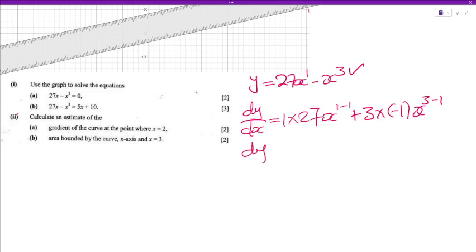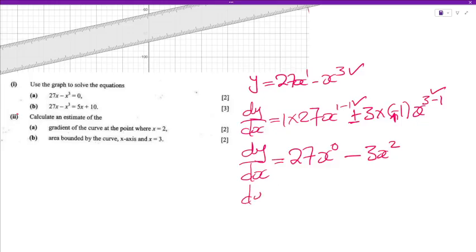So our final answer will be 1 times 27 is 27, x the power 0, 1 minus 1 is 0, positive times the negative is negative, 3 times 1 is 3, x the power 2, 3 minus 1 is 2. So dy over dx is equal to 27, because x to the power 0 changes to 1. Any value raised to the power of 0 is 1. 1 times 27 is 27 minus 3x squared.